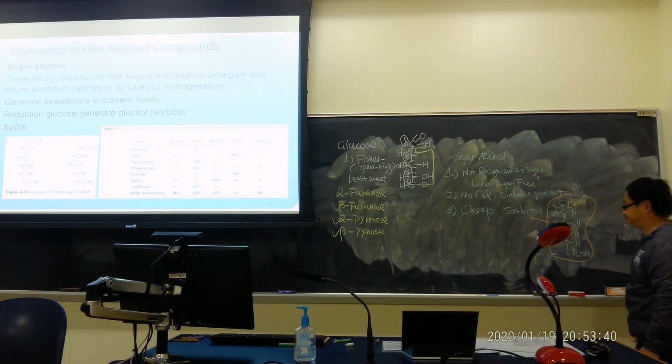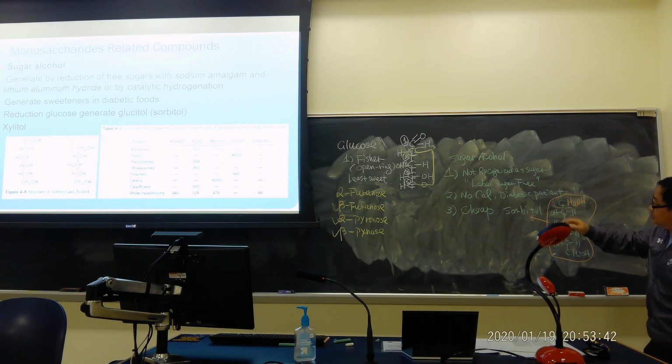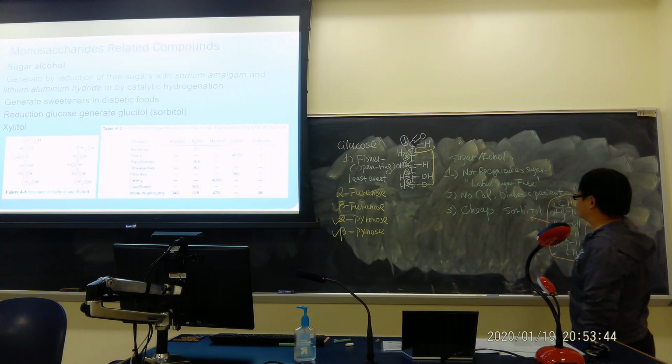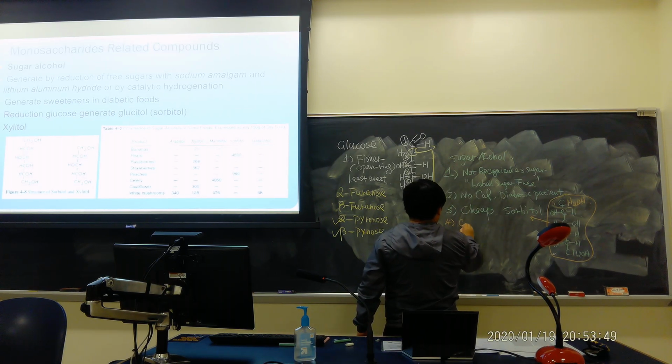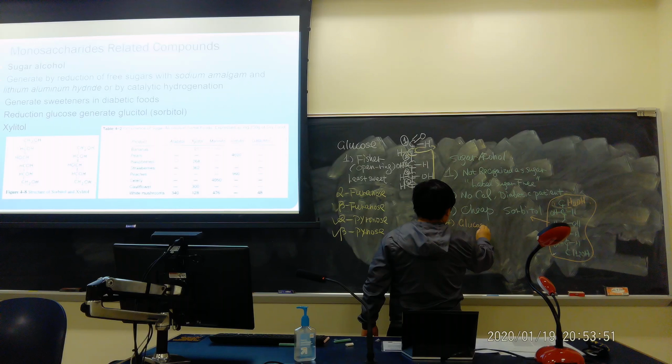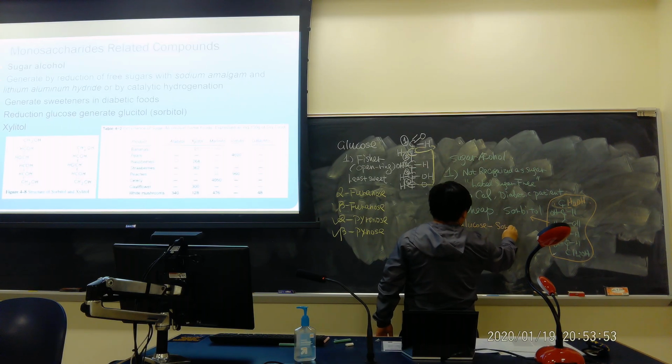This is sorbitol, and sorbitol is a good example of a sugar alcohol. So what are the good examples for them? Glucose becomes sorbitol.